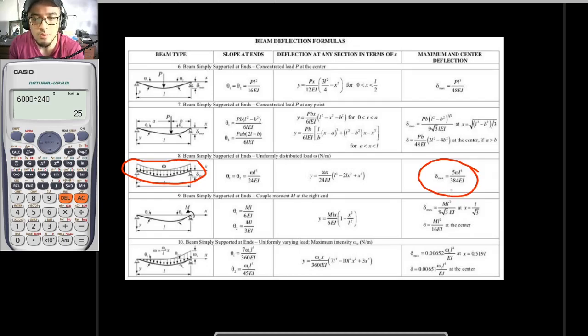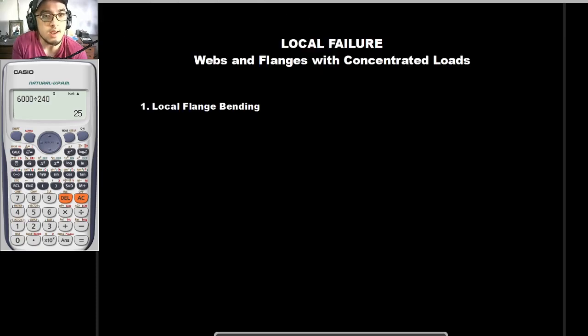So, your maximum deflection, if your structure is subjected to uniformly distributed load, is 5 omega L raised to 4 divided by 384 EI. So, it's up to you which formula to use and whatever loading condition is appropriate. Okay, so that is it.